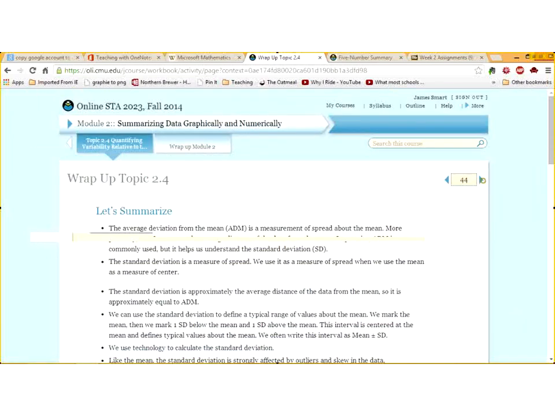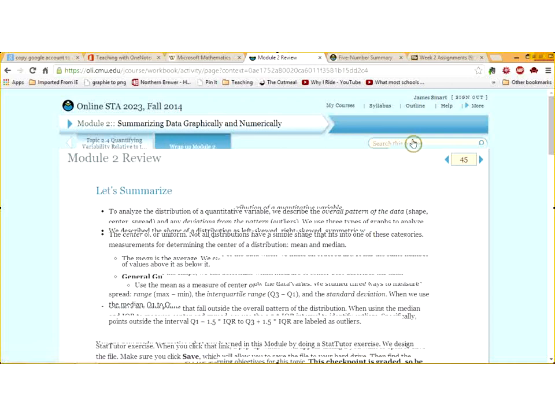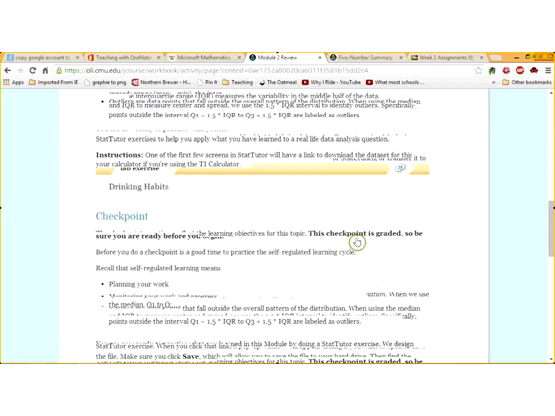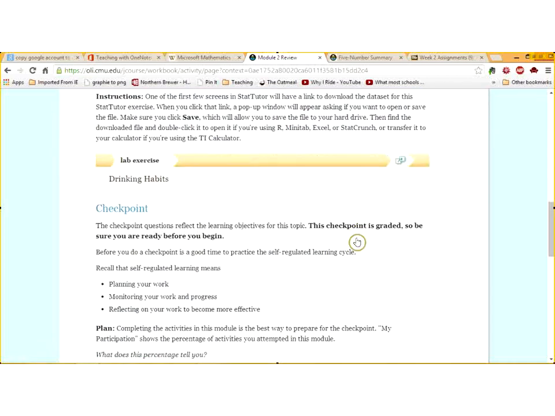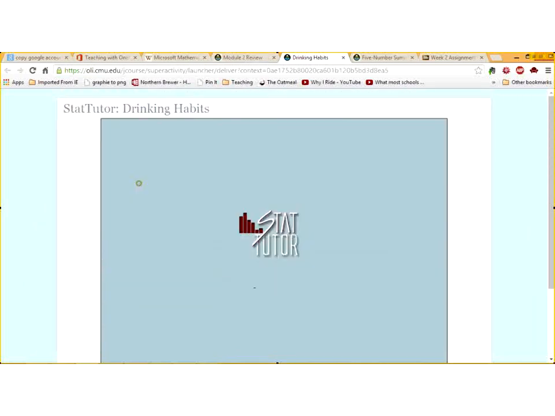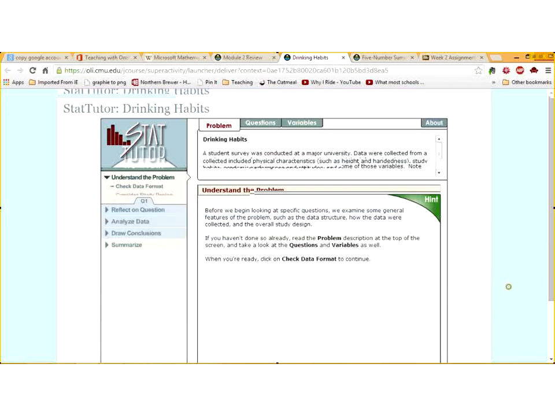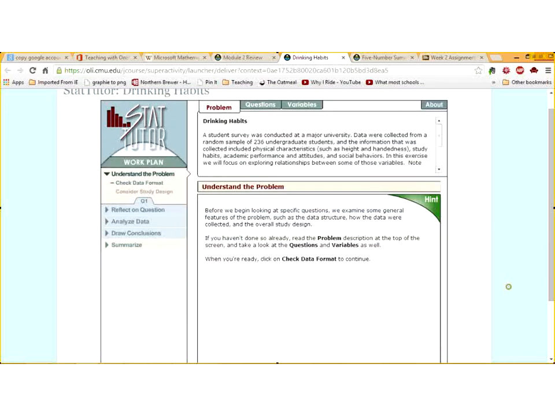All right, and then we have our wrap up for 2.4. You can go through that. But one last thing I want to point out in the Module 2 review is that one assignment for this week is this lab exercise for drinking habits. If you click it, it'll bring up a pop-up, and it'll load something called the Stat Tutor. And basically it's going to walk you through some exercises based on a data set.